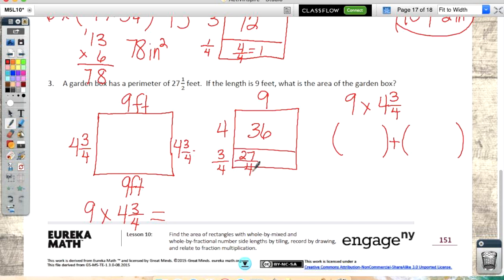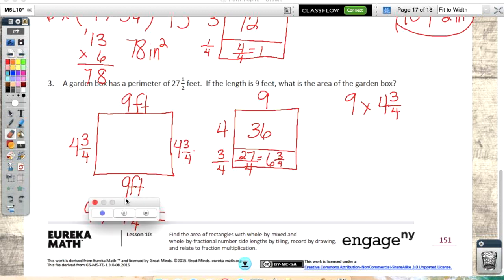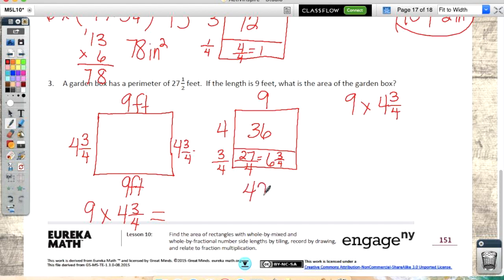Did anybody figure out what that is as a mixed number? 6 3/4. Okay, so now I'm ready to add 36 plus 6. 42 and 3/4 square feet.